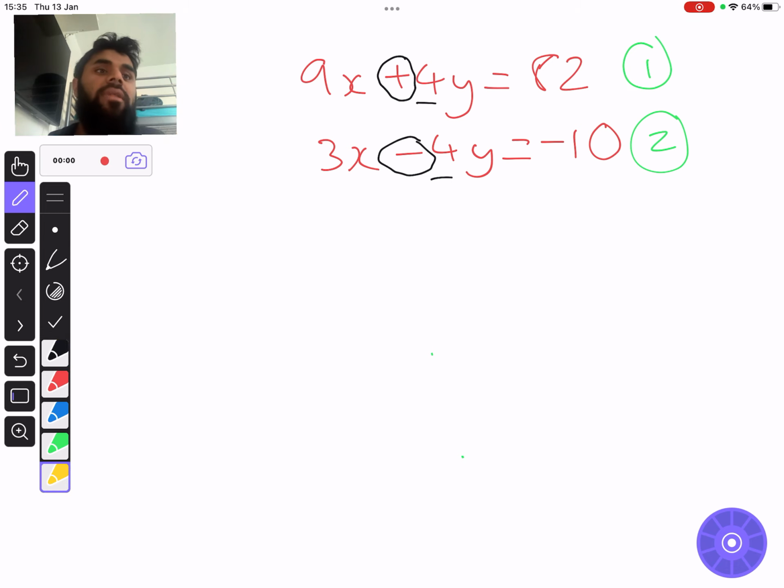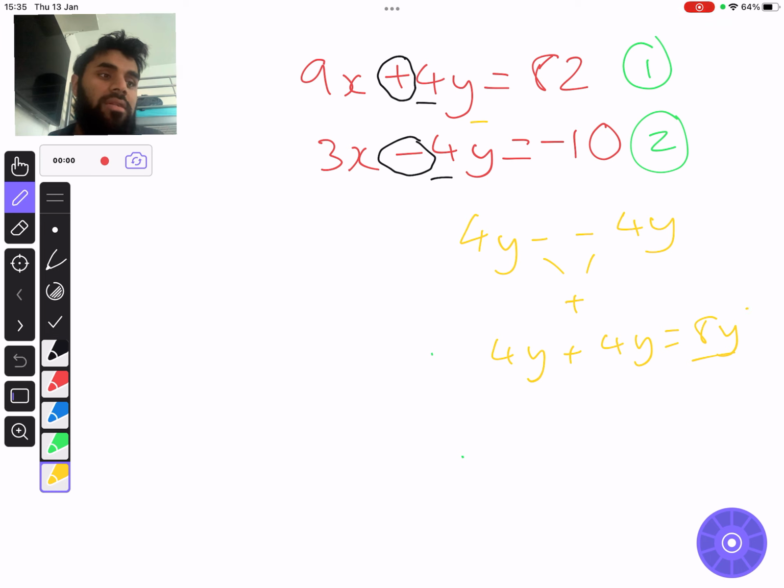Well, if you were to try and eliminate these two y's by subtracting them from each other, we get 4y minus negative 4y. And as you can see, two negatives make a positive, so 4y plus 4y ends up making 8y.